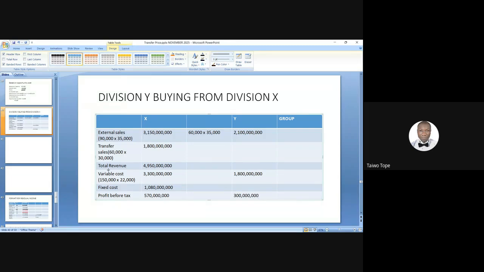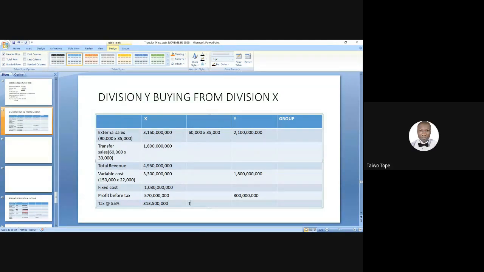Now, the question is telling us that we are assuming that division X and division Y are operating in different countries. The tax rate for division X's country is what? 55%. So for division X, tax at 55% on 570 will be what? 313,500,000. Good.